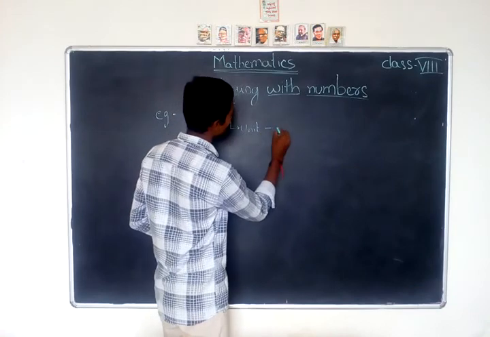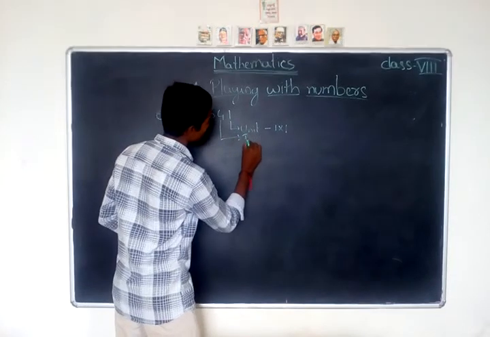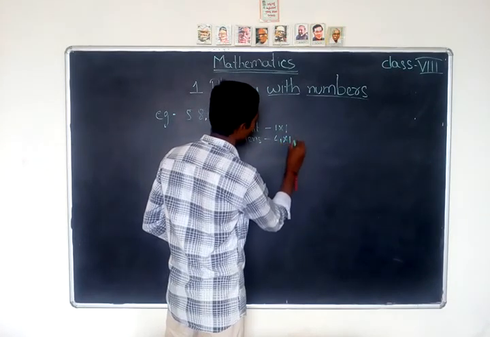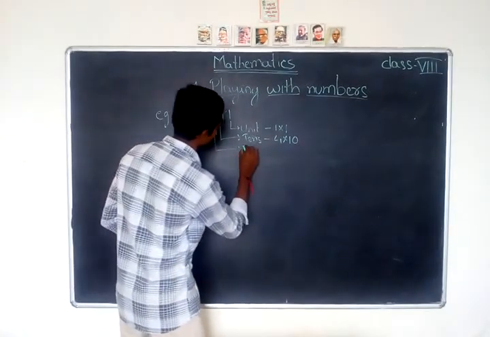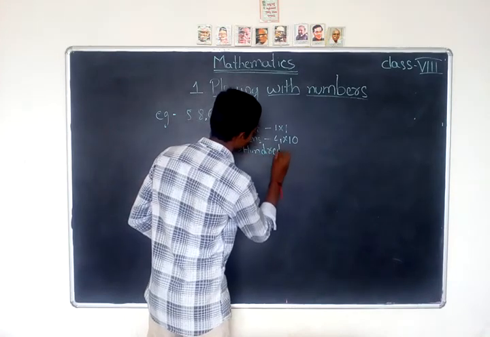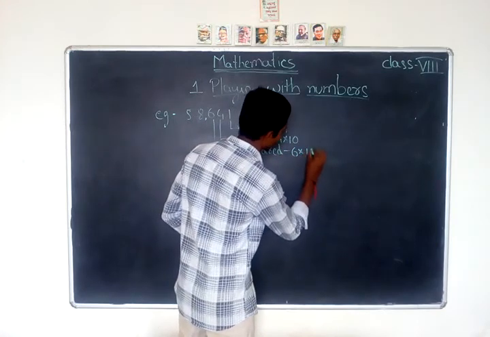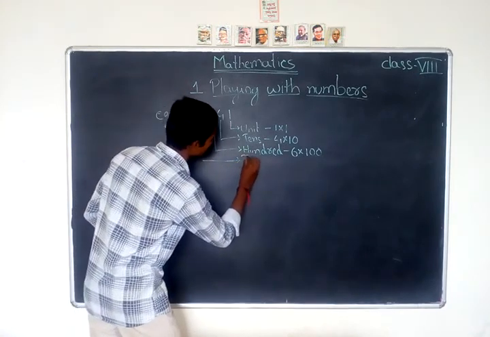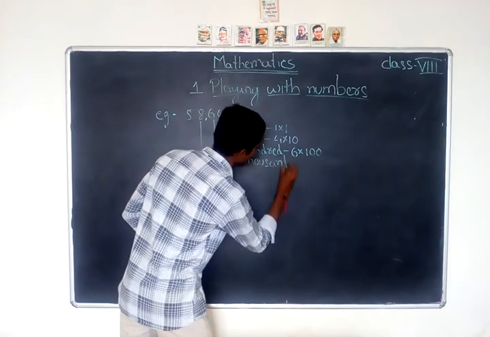So 1 can be written as 1 into 1. 4, it has tens place. So 4 can be written as 4 into 10. 6 has got hundreds place. So 6 can be written as 6 into 100, and 8 has got thousands place.